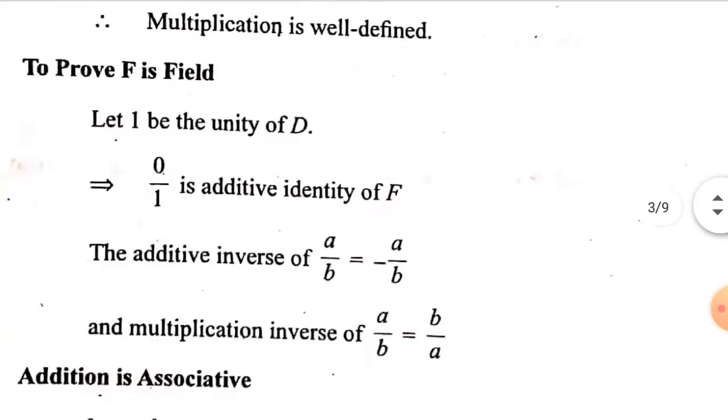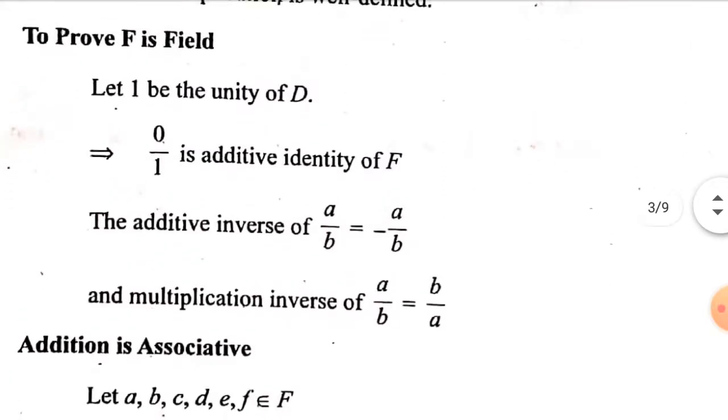Now we have to prove F is a field. First, you have to prove the unity, multiplicative inverse and commutative property. Commutative property means all the properties, associative, identity, inverse and commutative, we have to prove.